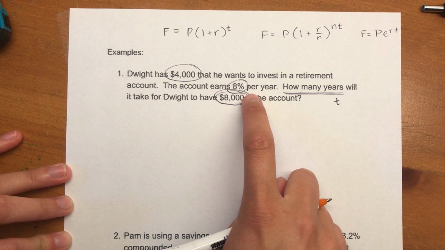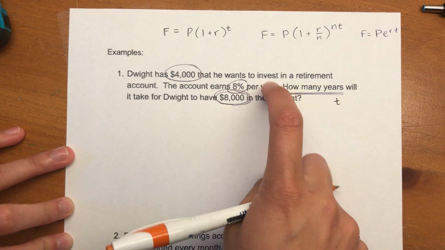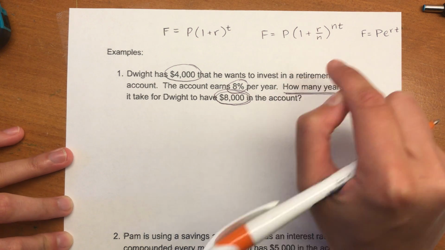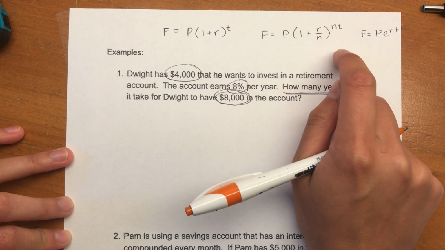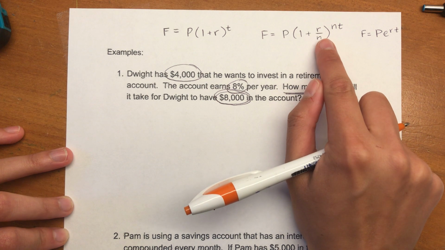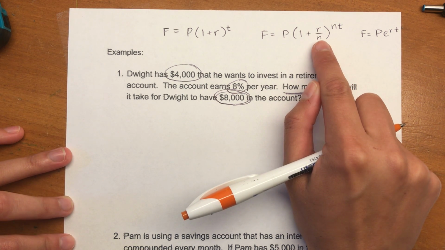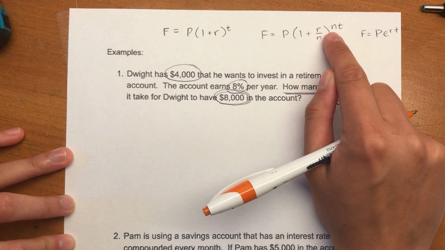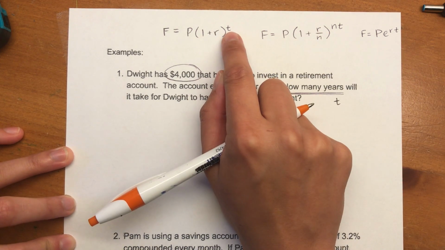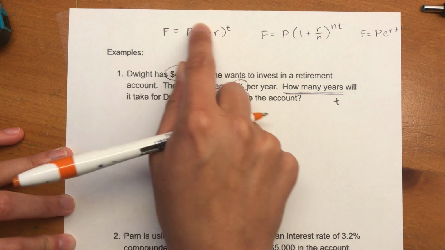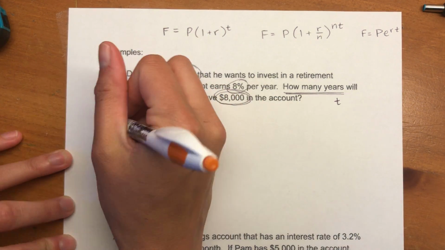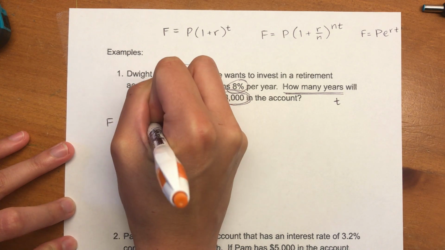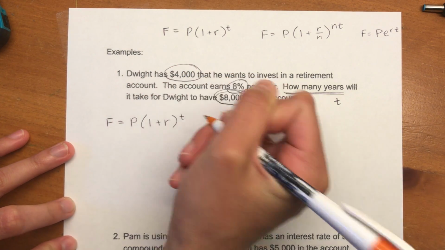It seems like we're compounding once per year, so we could use the compound formula with n equal to 1. If n is 1, r divided by 1 is just r, and 1 times t is just t. So I can just use my first percent rate of change formula. I'm going to write this in: F equals P times (1 plus r) to the t.